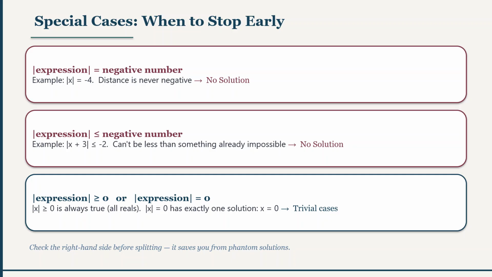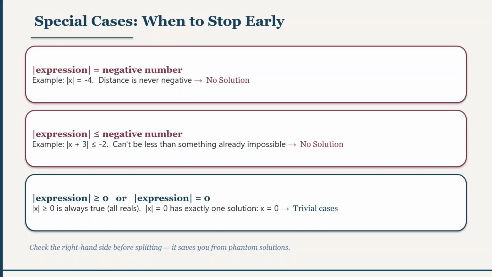Third, the absolute value of an expression is greater than or equal to 0, or the absolute value equals 0. The absolute value of anything is always greater than or equal to 0, so the first one is true for all real numbers. The absolute value equals 0 only when the expression inside is exactly 0, giving one solution.